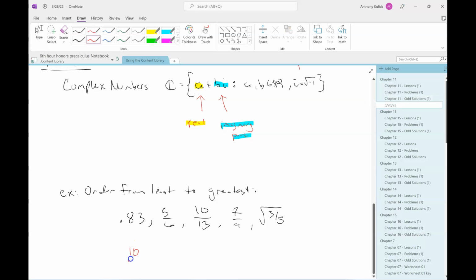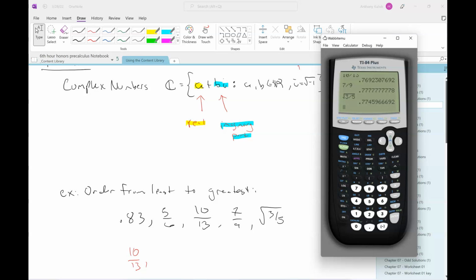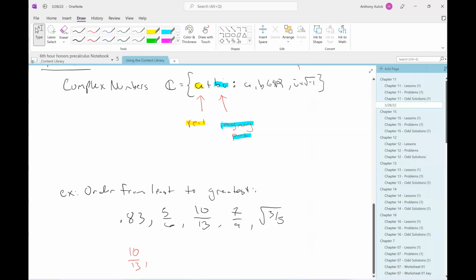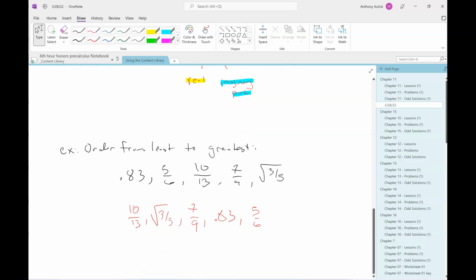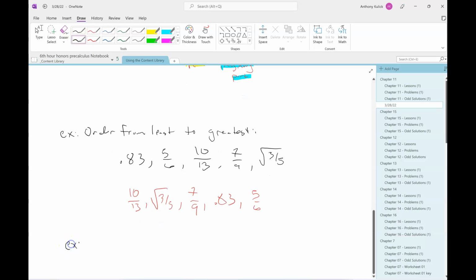We have 10/13, and then the square root, and then we had 7/9, and then we had 0.83, and we had 5/6. Everybody's okay with that? Can we do the same thing with complex numbers?